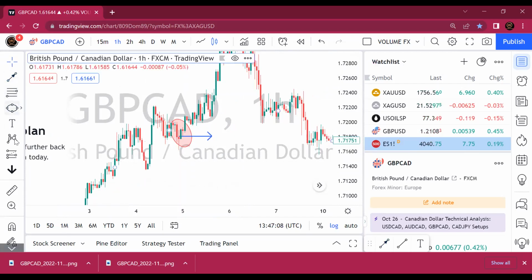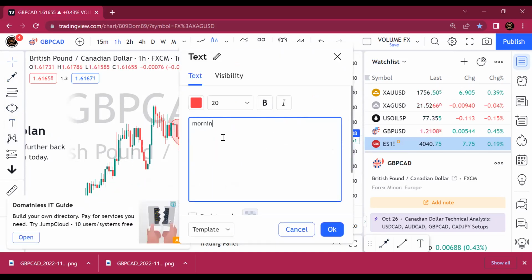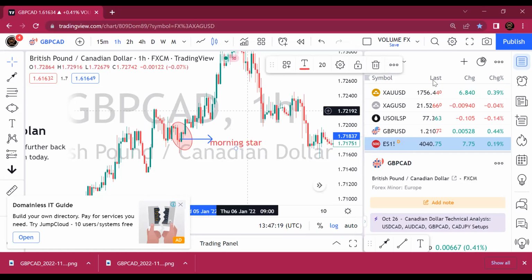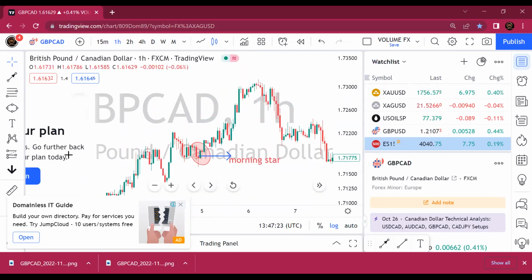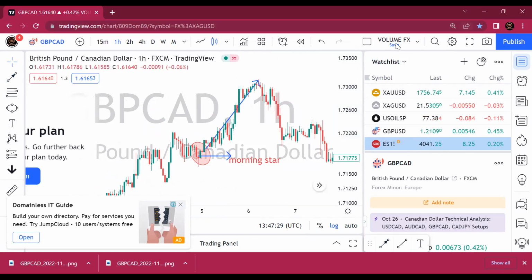This one happened in a continuation pattern. I'll teach you guys how to identify a morning star on an uptrend. Good. There it goes. Then you will come save the chart image.